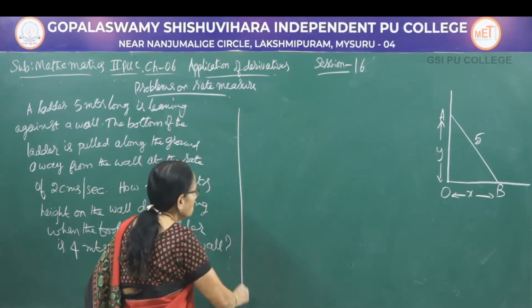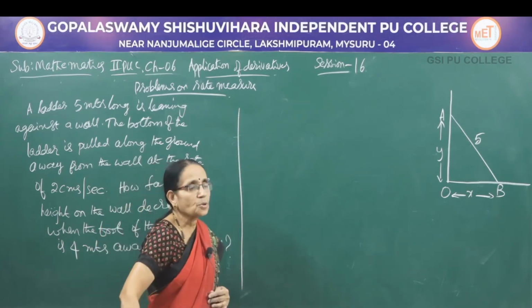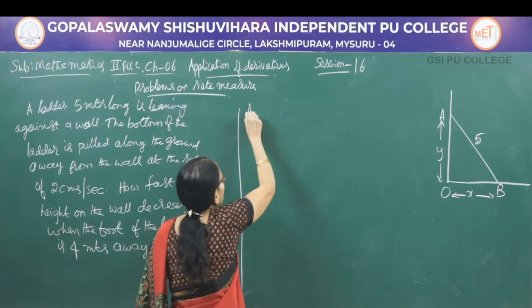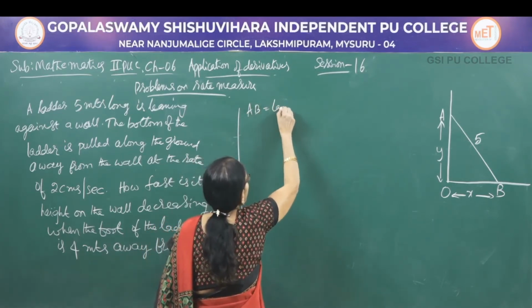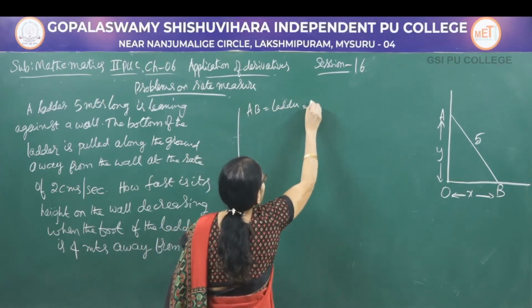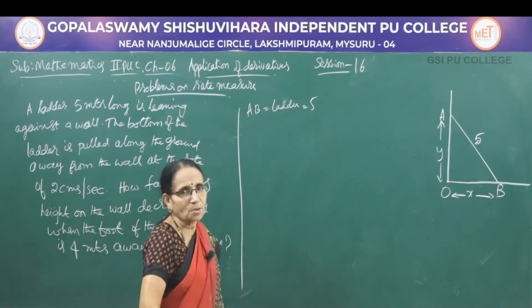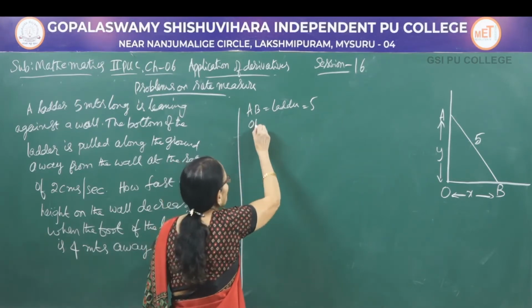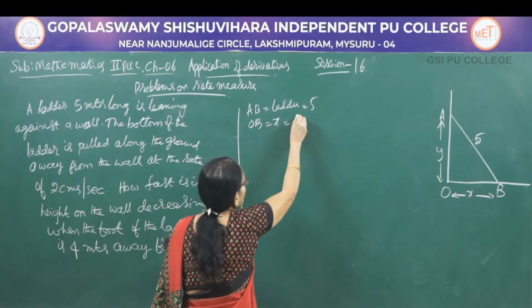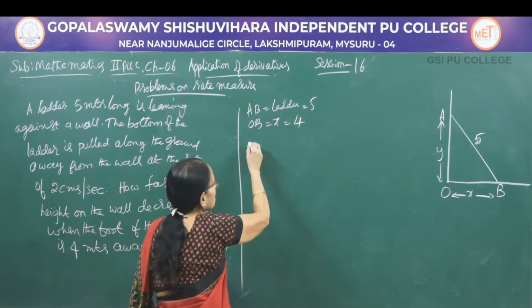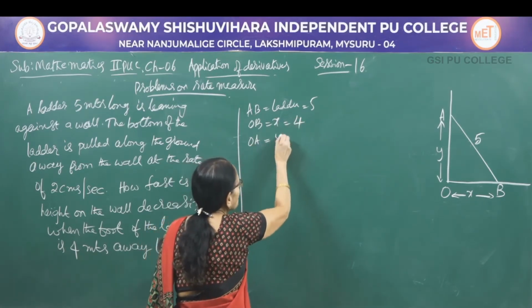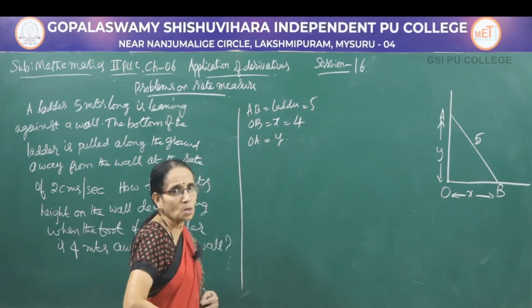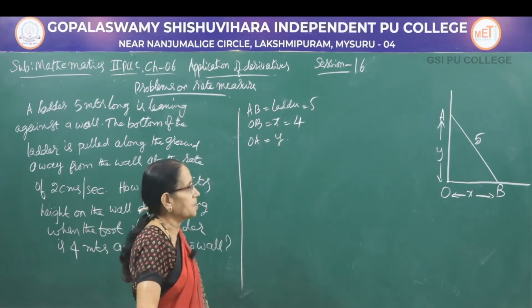Now look at AB, the ladder here. First write the statement. AB is the ladder, and its length is given to be 5 meters. Let OB be equal to x, which is given to be 4, and let OA be equal to y. We do not know y; even that has to be calculated.